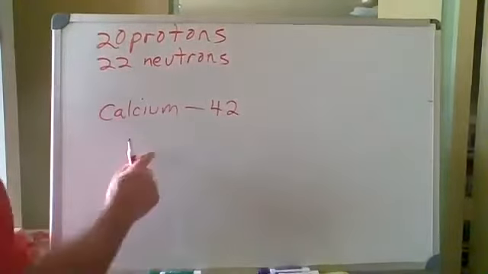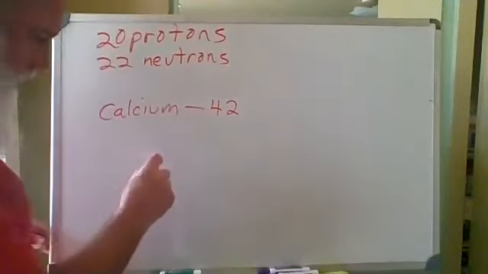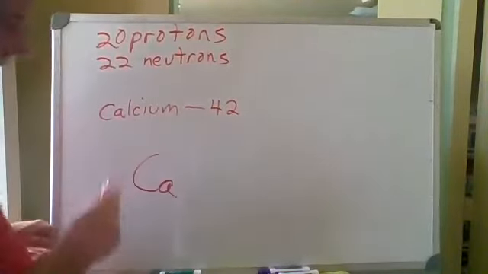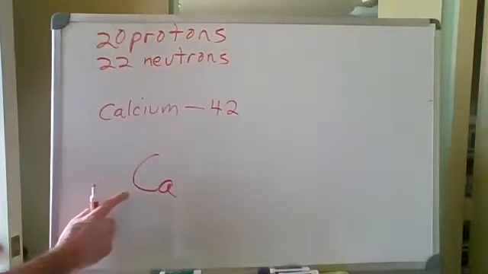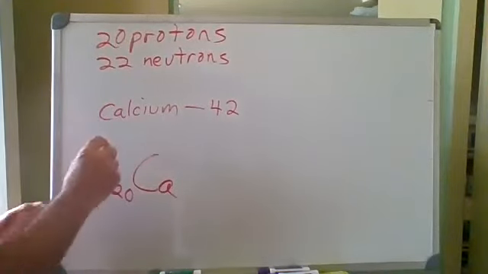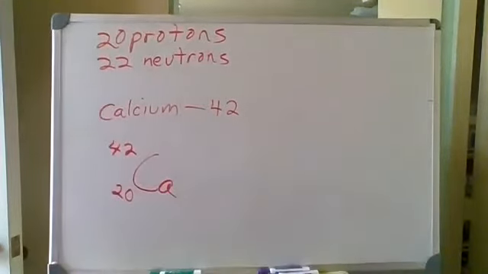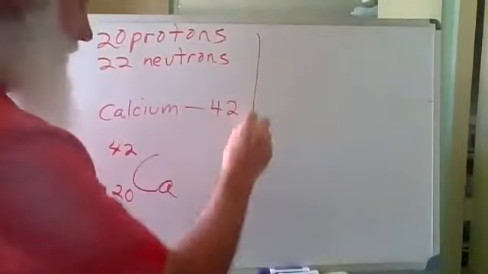Now let's do it the other way. What's the element symbol? Capital C, lowercase a. Ca, and what's going to go down here? 20. And the superscript? 42. Okay.